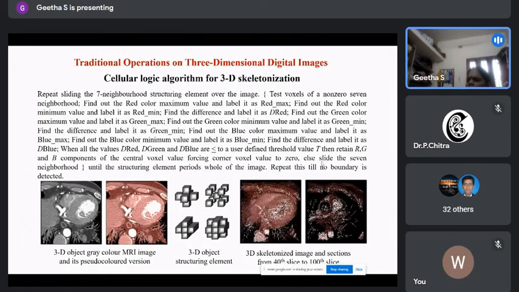Otherwise slide the 7 neighborhood until the structuring element scans the whole of the image. Repeat this till no boundary is detected, when the boundary does not change. Only then you apply this formula, so we change the boundary values: skeletonization.